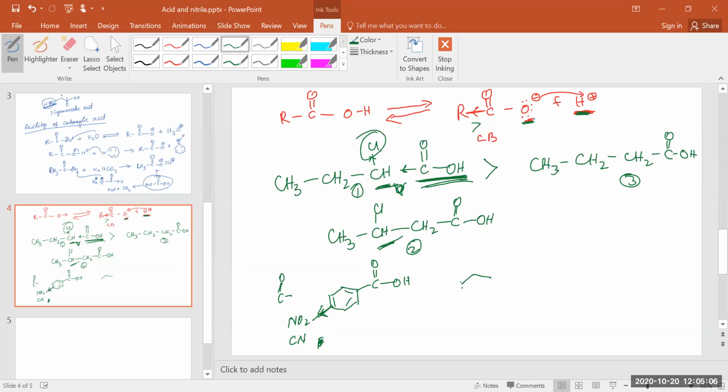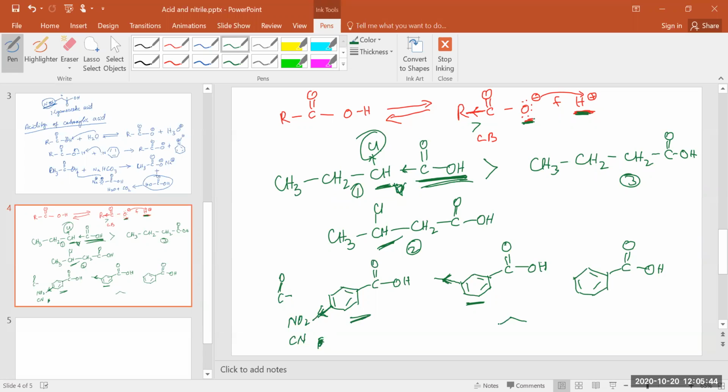But if they are present at the meta position instead of para, then that resonance will not be that effective. See again chapters 16 and 17. So this will be less acidic than the para, but it will be more acidic than the one without the electron withdrawing group. Remember this one.